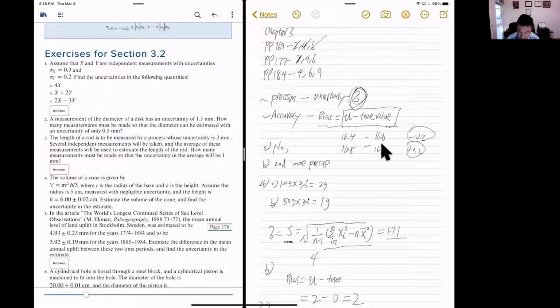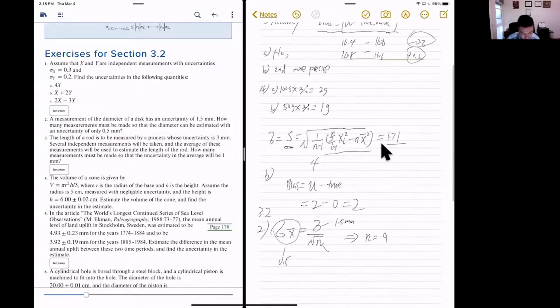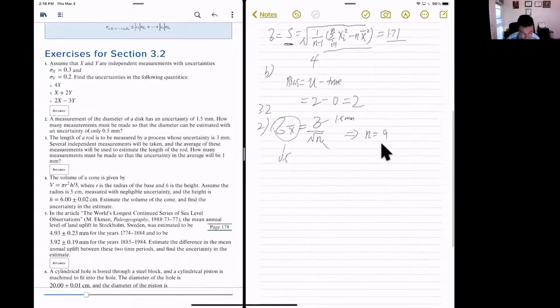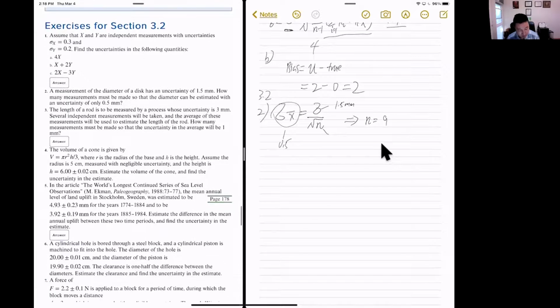Question number 4. All right, so this is about propagation of errors. The volume of a cone is given by this equation. So V is volume equal to pi r squared h over 3.